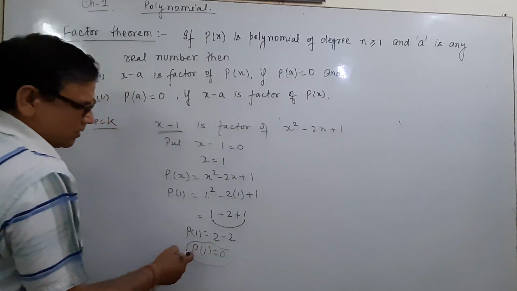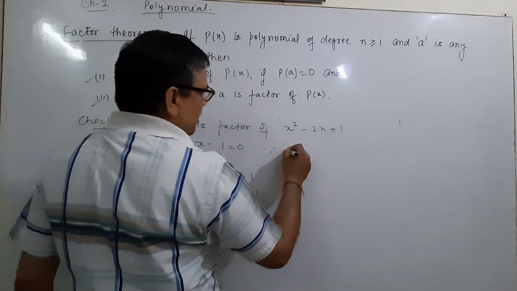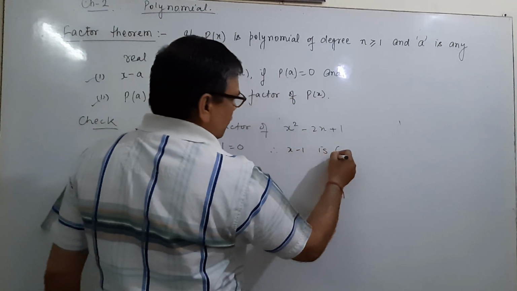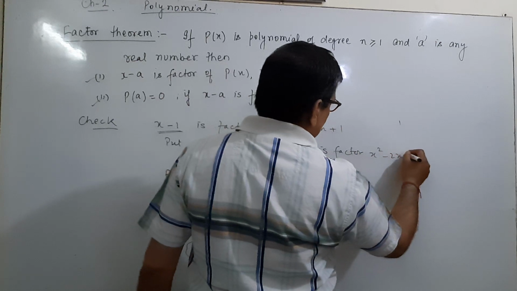So it means P(1) is equal to 0. Therefore x minus 1 is a factor of x square minus 2x plus 1.